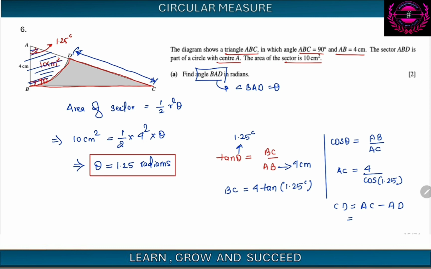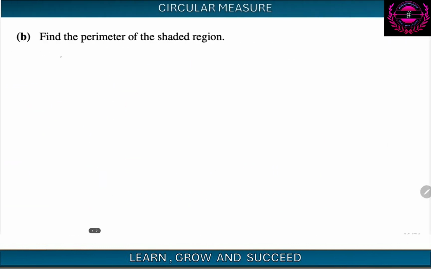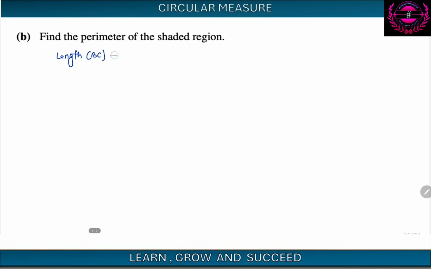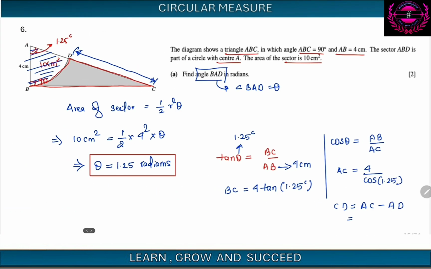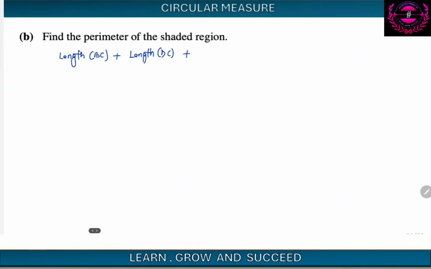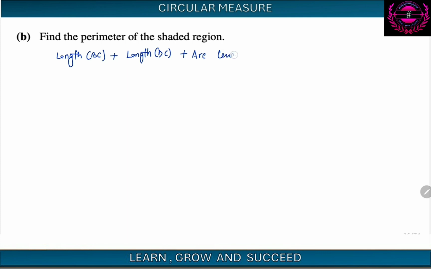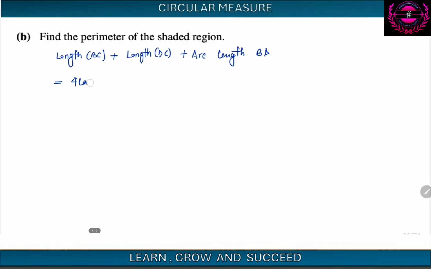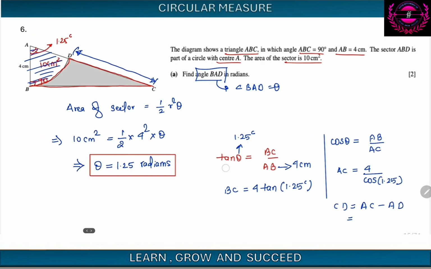So let's move to the next slide. Perimeter of the shaded region equals length of BC plus length of DC plus arc length BD. Length BC we have already calculated, 4 tan 1.25 radians, plus DC also we have already calculated, AC minus AD.